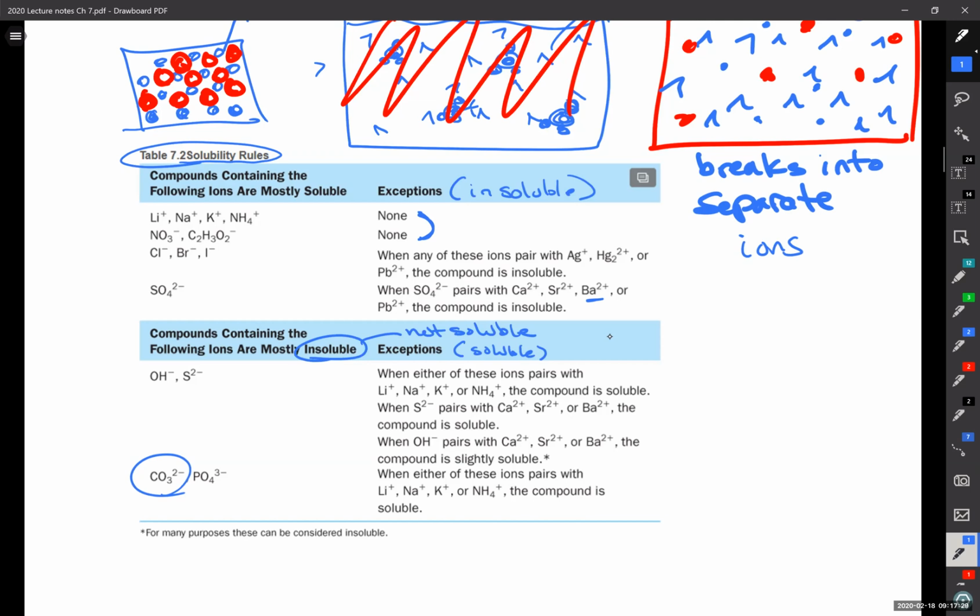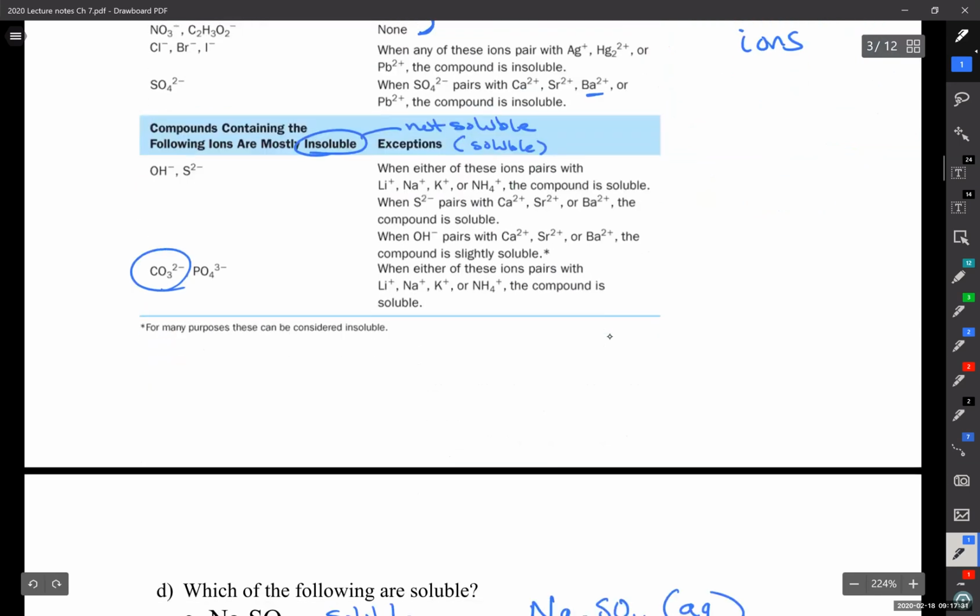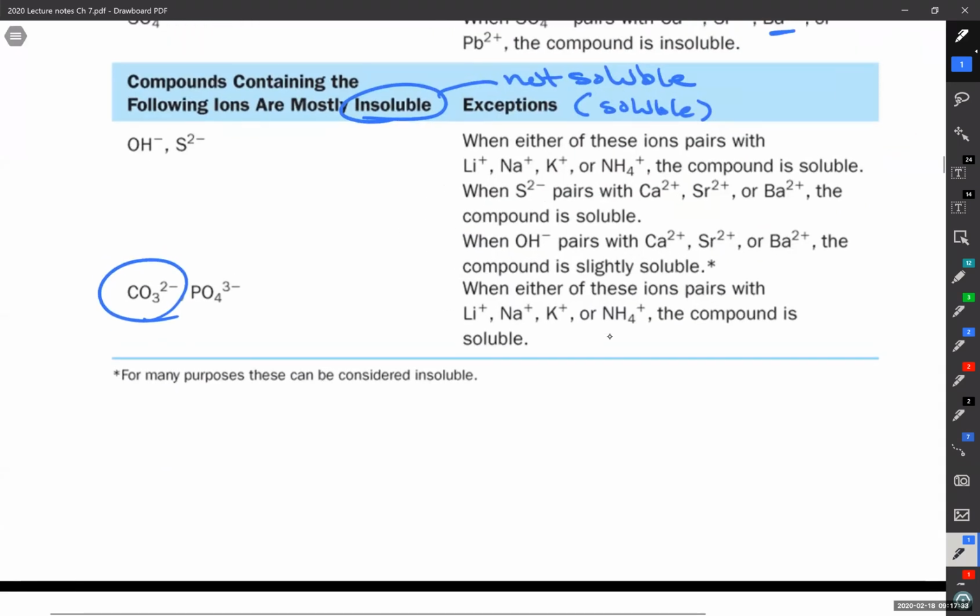If you look at the exceptions to the carbonates, what are we listing? Lithium, sodium, and potassium. There are so many compounds that you'll see that have a group 1 metal ion in an ionic compound that you have to figure out whether or not it's soluble. If you just memorize that, that's half your work done almost in every problem. Just aqueous, aqueous, aqueous, aqueous, right? And they don't say rubidium, they don't say cesium, but those are all soluble as well, okay?